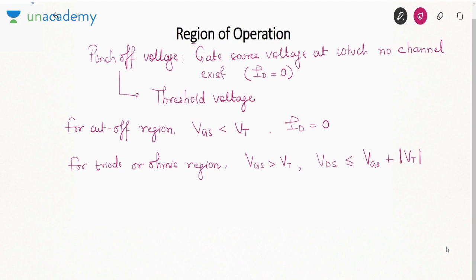Because VT is negative, so this VGS will also be negative. So for the triode region, VDS is less than VGS plus mod of VT. If that is the case, then the drain current is given as 2K [(VGS minus VT) into VDS minus VDS square by 2].